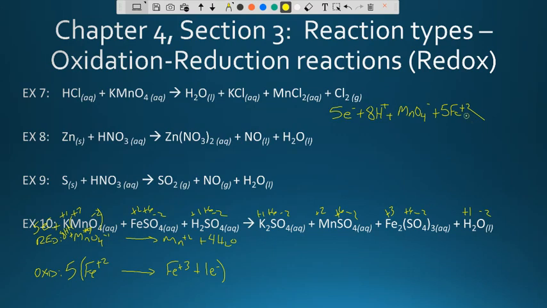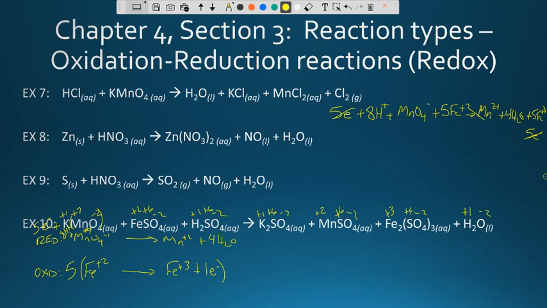Okay, product. I see I have a manganese. I see that I have 4 waters. And let's distribute that 5 into here. I have 5 irons. That's a +3. And I'm going to have 5 electrons. Electrons are canceled. I think that's about it, isn't it?